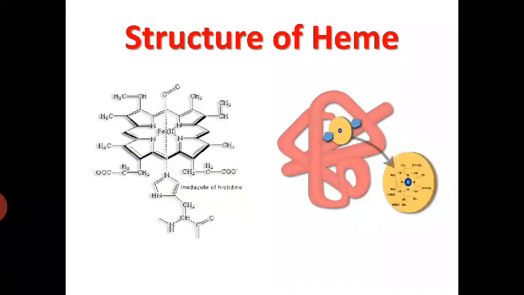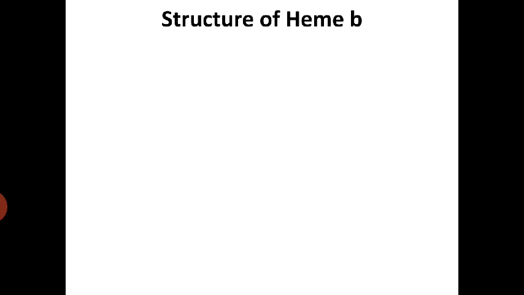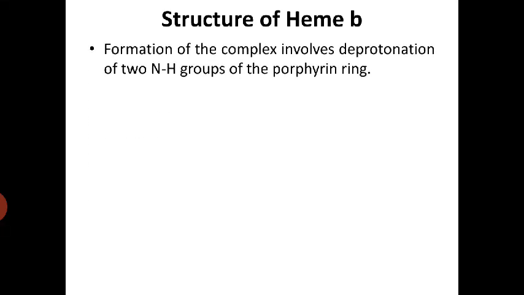So here we can see the heme unit surrounded by the protein chain. Again we can discuss the structure of heme: formation of the complex involves deprotonation of 2 NH groups, which we have already seen in the picture.